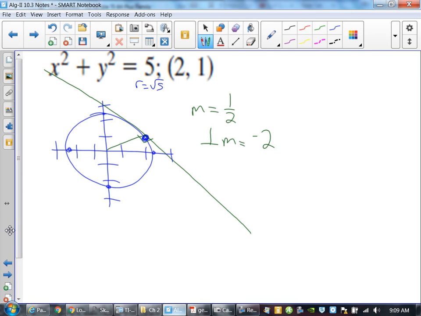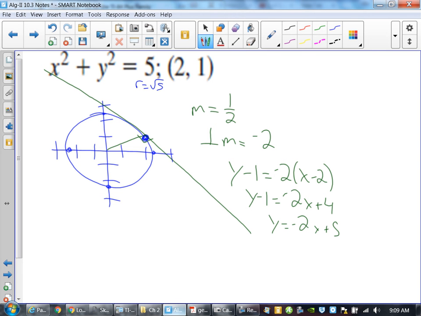And I have a point, 2, 1. y minus 1 equals -2 times x minus 2. And I get that. And there's my equation of the line. Really, really fast when we're at the origin.